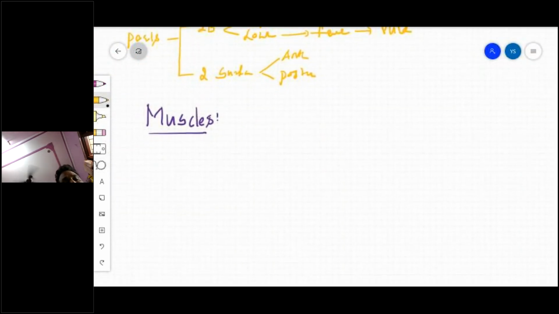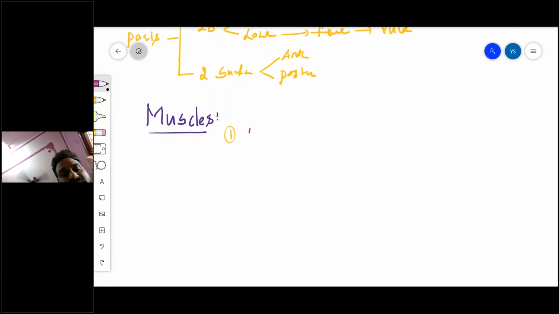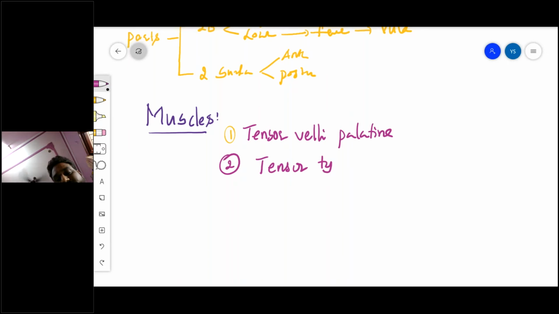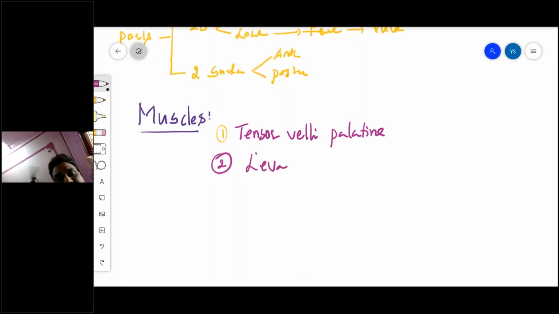Now we write down. Number 1, tensor veli palatini. Number 2, levator veli palatini.